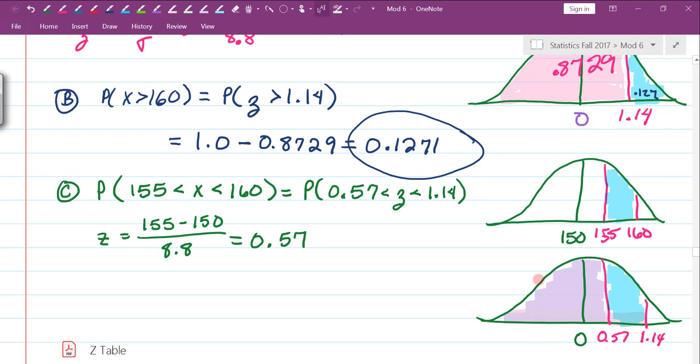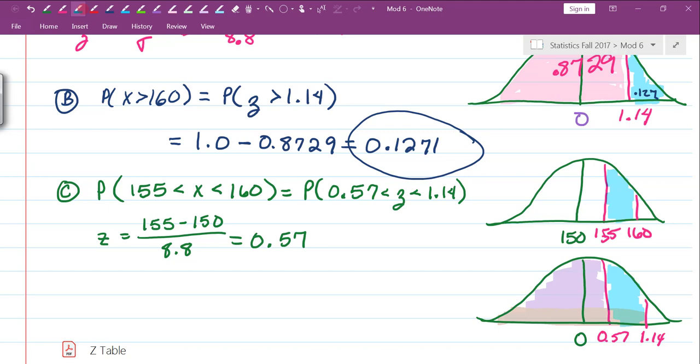Let me switch that to brown real quick. Let's see if that makes it a little bit more noticeable. Right here. There we go. So it's going to give me this whole area. So for me to find just the blue, I'm going to find the brown area, then I'm going to subtract the purple, and once I subtract off the purple, what do I have left? Just the blue, which is really what I need, okay? So let's go ahead and do that.